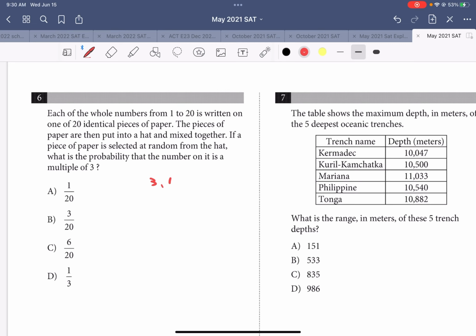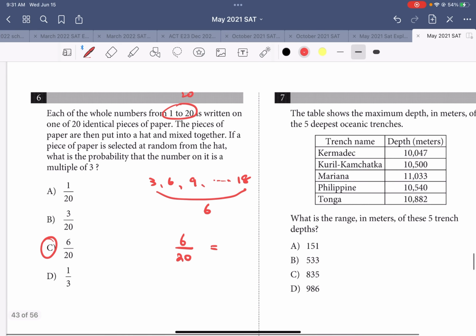So 3, 6, 9, keep going all the way up to 18. So 3 times 6 is 18, so you have a total of 6 numbers. Out of 1 through 20, that is 20 numbers. So the probability of picking a multiple of 3 is 6 out of 20, right? You don't have to reduce, the answer is there.